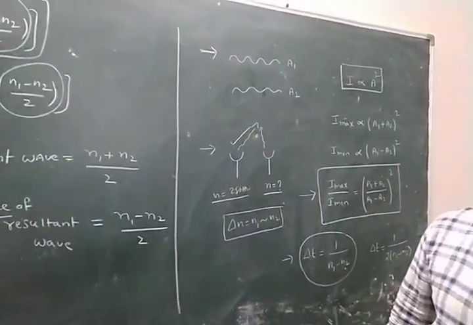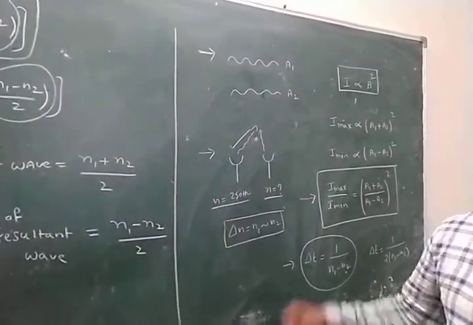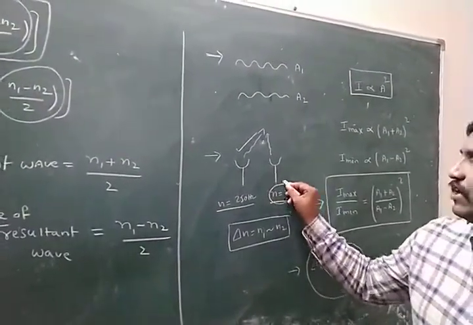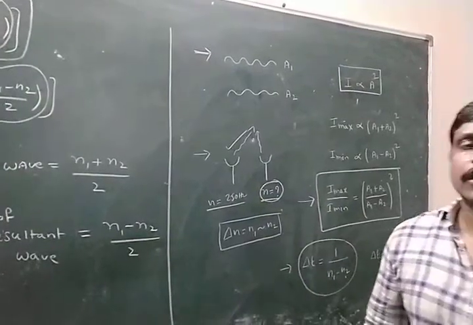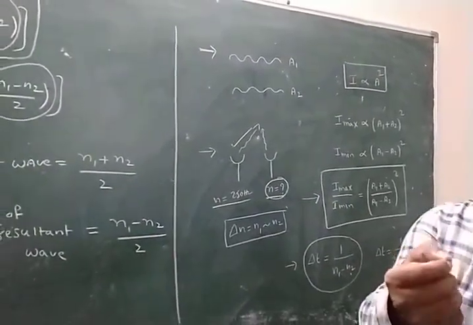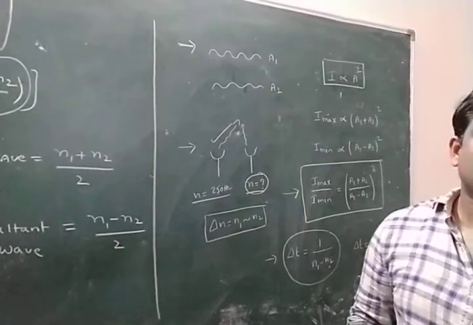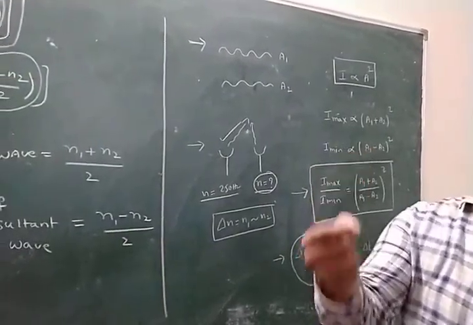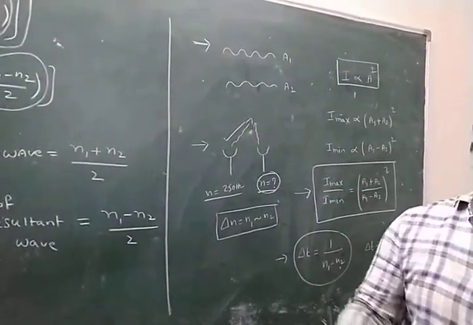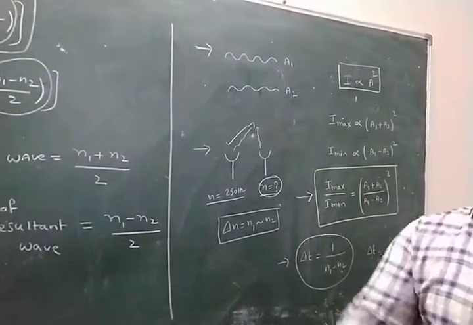to determine the unknown fork frequency, I give the shortest formulas also, because the concept is to determine the unknown fork frequency.